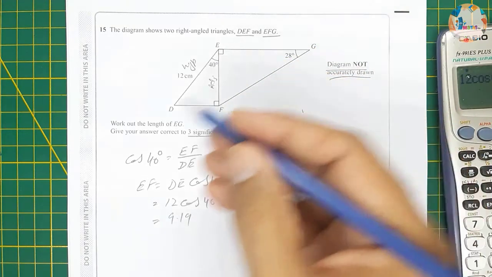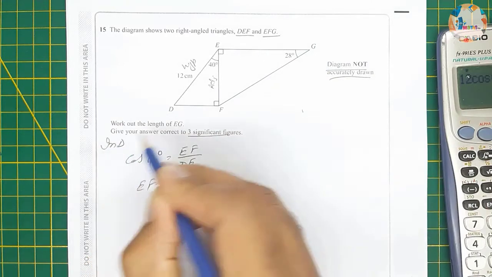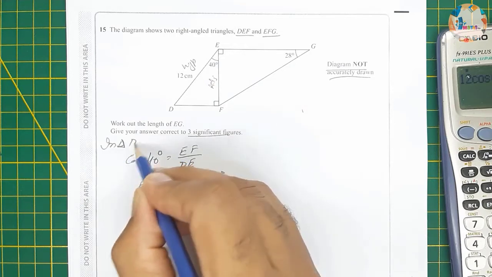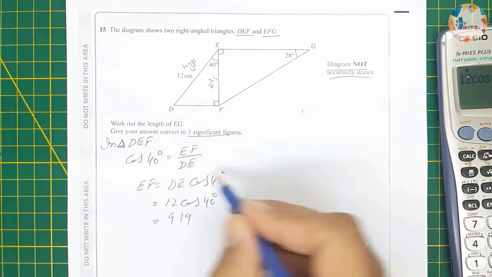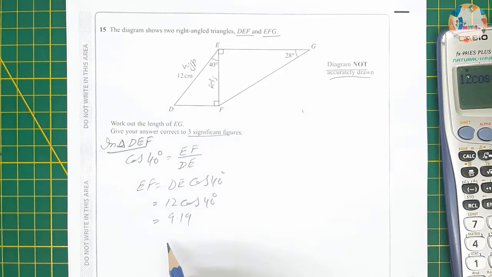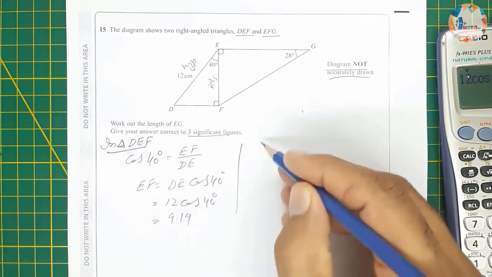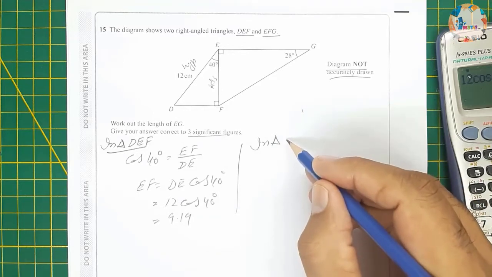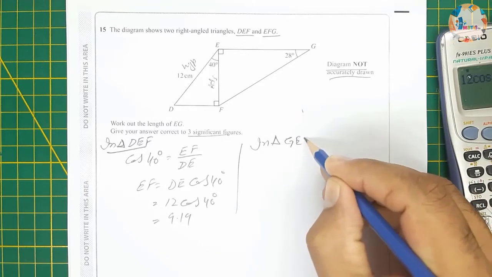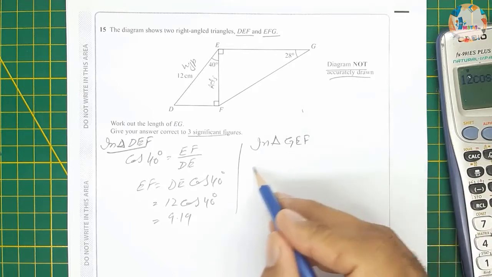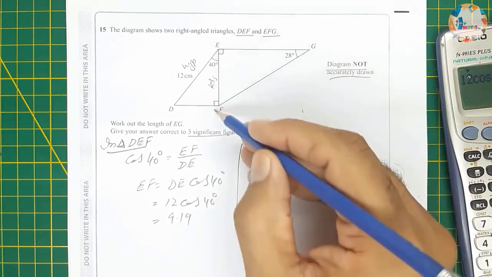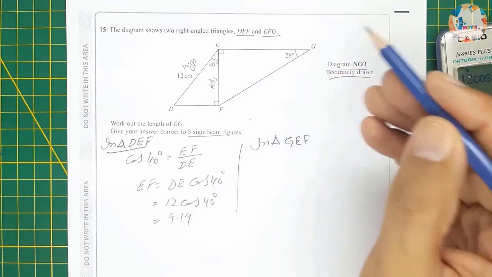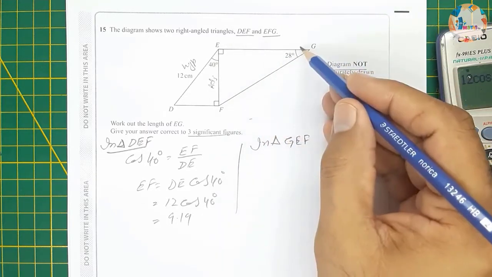Now we can write here, in triangle DEF, this is equal to this one. We are considering this one. Now we can consider the other triangle. In triangle GEF, we have this side, we have this angle basically, and we have to find EG, which is this side.